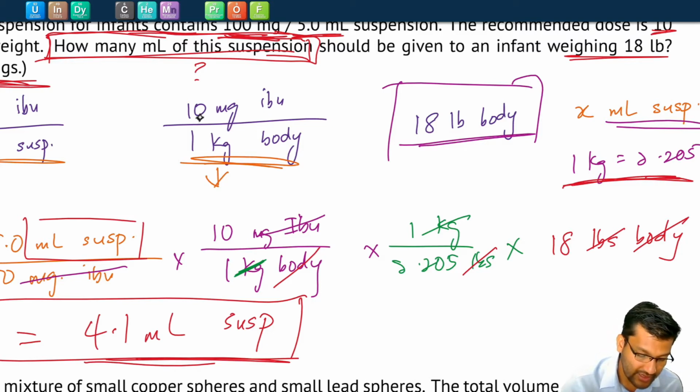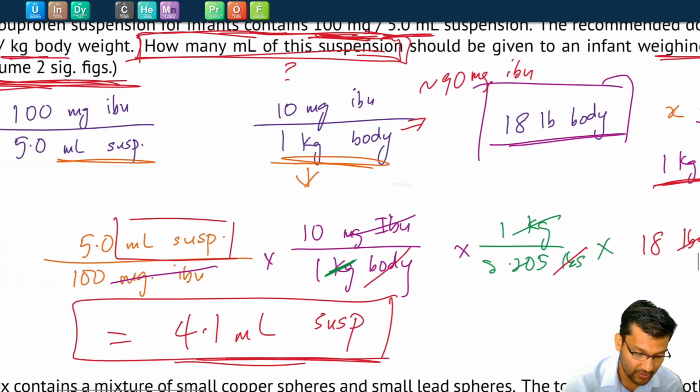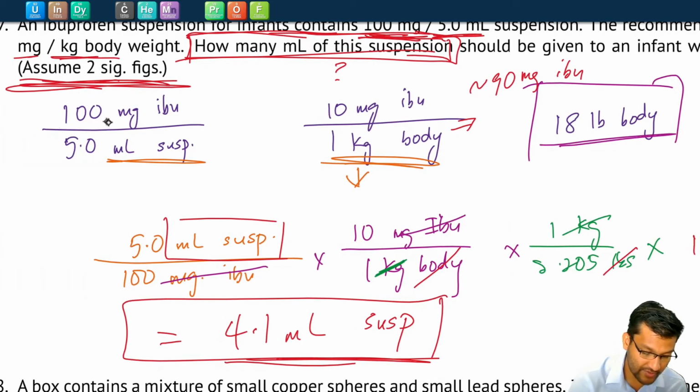So if you need 10 milligrams of ibuprofen for 1 kilogram of body weight, for 9 kilograms of body weight, you need about 90 milligrams of ibuprofen. Does that make sense? 9 kilograms, which is about 18 pounds, we'll need about 90 milligrams of ibuprofen. If 100 milligrams of ibuprofen comes from 5 milliliters, then around 90 milligrams should be less than 5 milliliters, right?